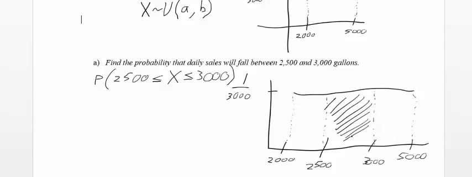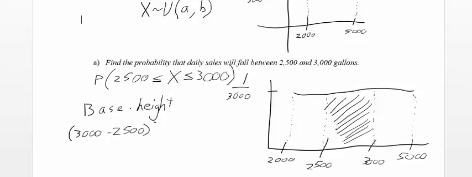That's the probability that X falls between 2,500 and 3,000. To do that, I just use this basic geometry property to calculate areas of a rectangle. Base times height. The base is 3,000 minus 2,500. The height is the 1 over 3,000 equals 0.1667.